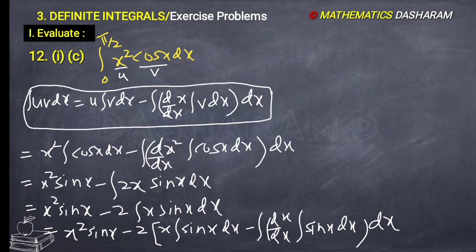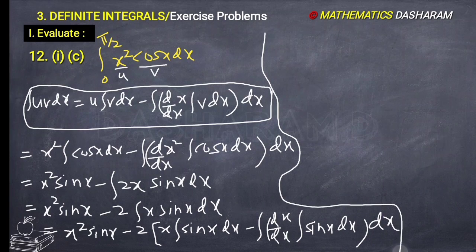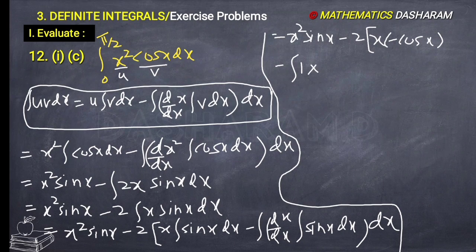Next it is equal to x square sin x minus 2 bracket of x into integration sin x, which is minus cos x, minus integration 1 into integration of sin x, which is minus cos x, dx.